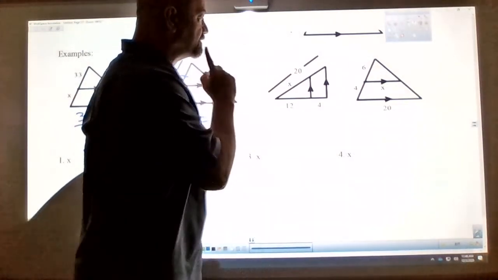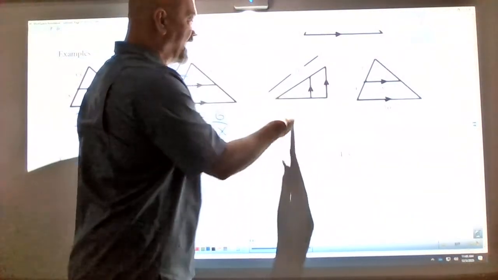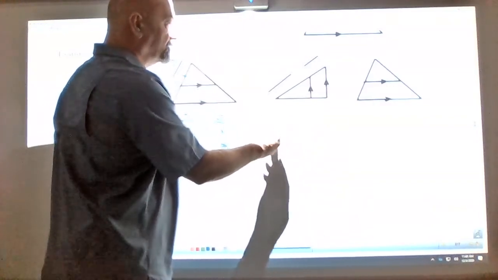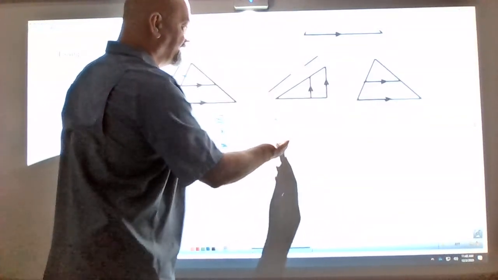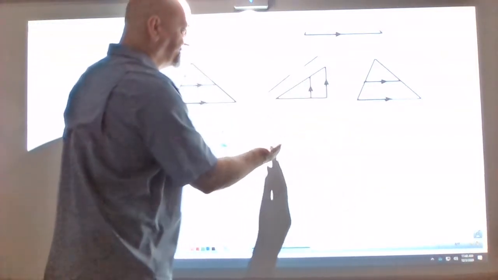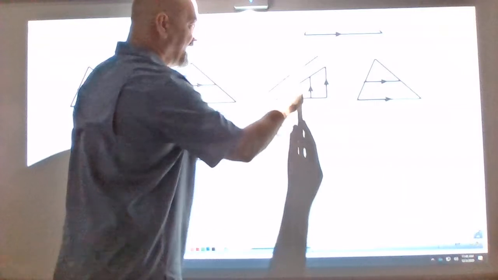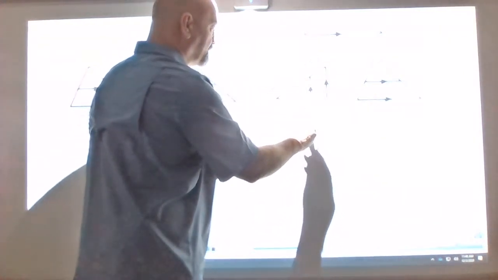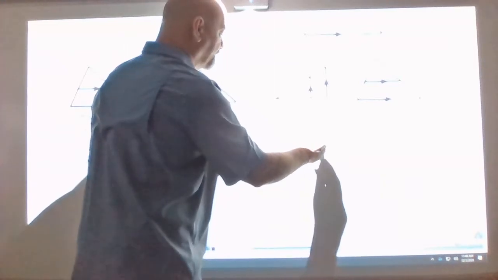Now, we're looking for X in this case. There's a couple different ways we could do this one. We could go 12 is to the whole thing, which is 16, as X is to the whole thing, which is 20.